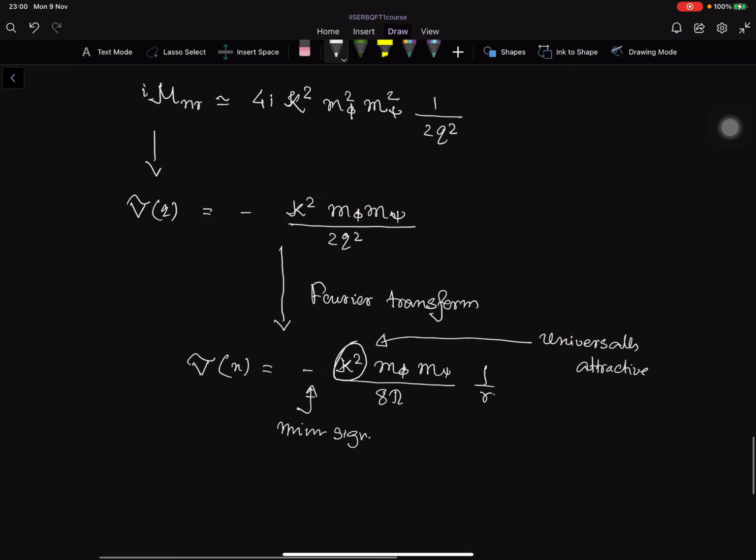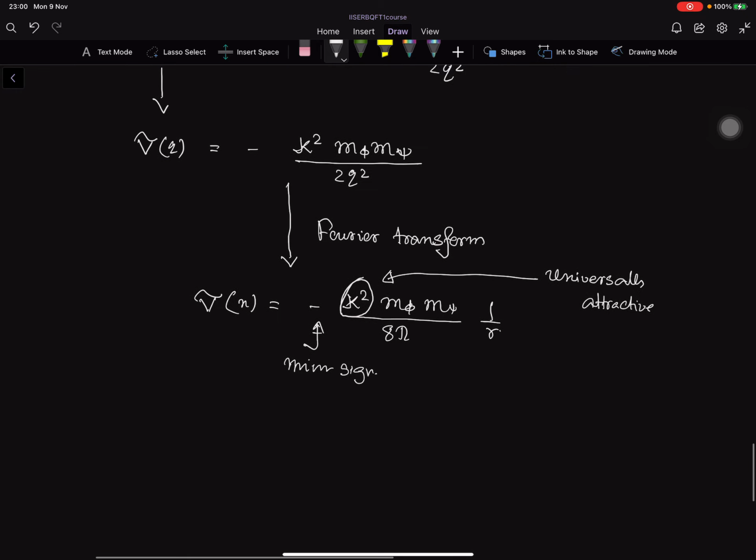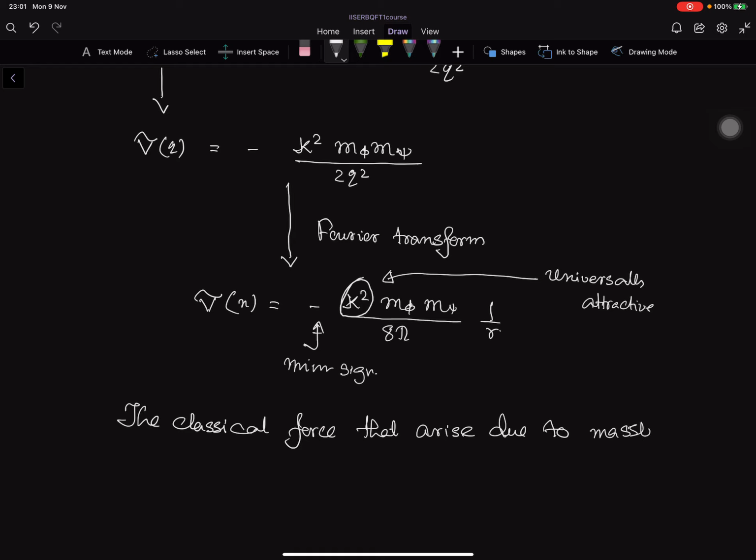Okay, so this is another thing, that the classical force that arises due to massless spin 2 is universally attractive.